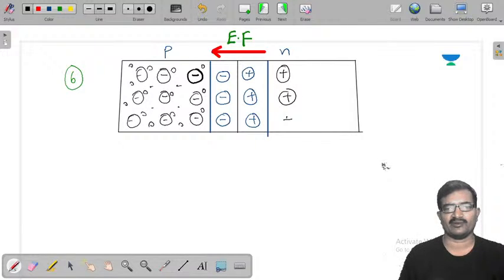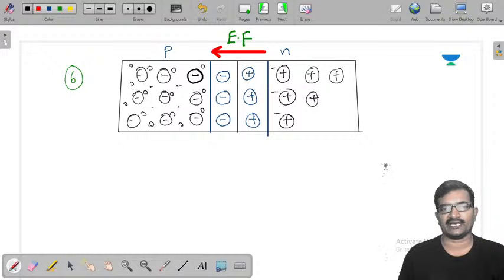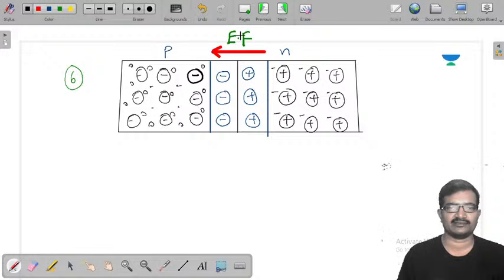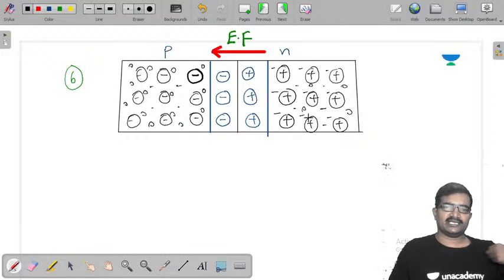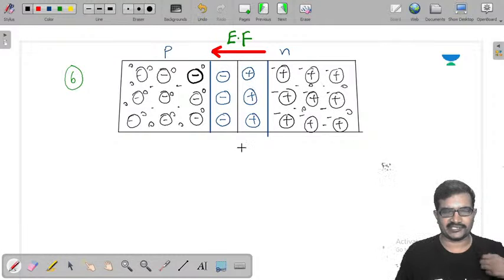Every positive immobile ion provides one electron. Additionally, a few electrons and holes are available at intrinsic condition. These are the holes like this. This is the complete representation.